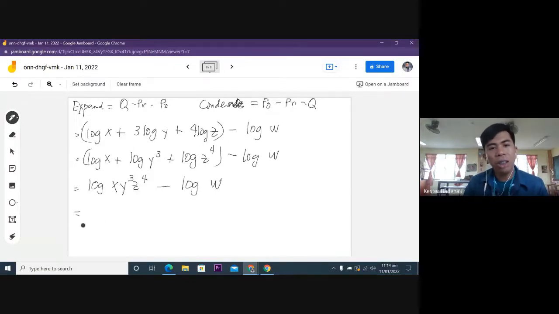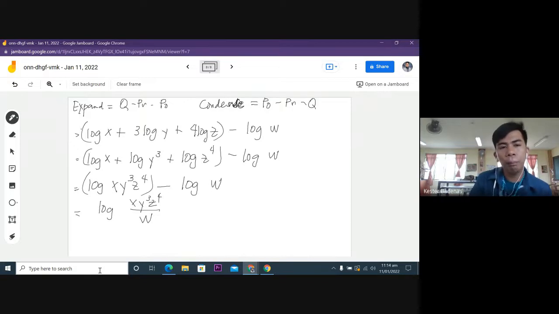Pwede nang apply yung quotient rule. So, magiging logarithm of x, y cubed, z raised to the 4 over w. So, yung condensed form po is logarithm of xy cubed z raised to the 4 over w. Di ba? Umikli talaga, na-condense talaga yung ating logarithm.